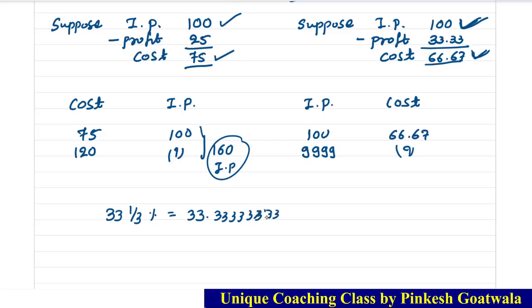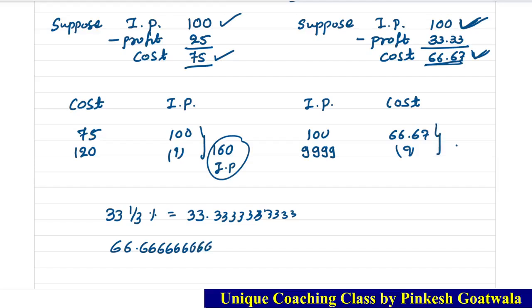So whenever you do calculation on calculator, write all these amounts. Here the same point, if you reduce 33 from 100, you will get 66.6666 this way. So on a calculator write the full amount.